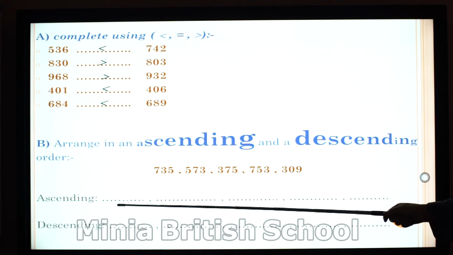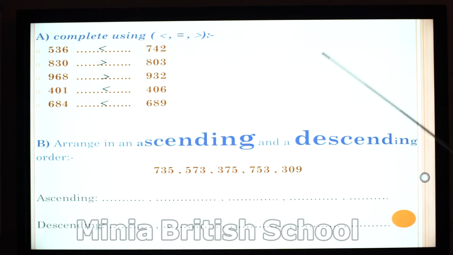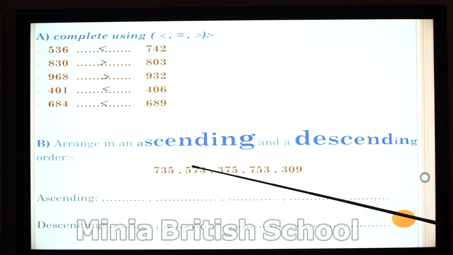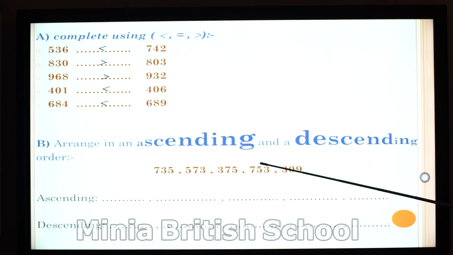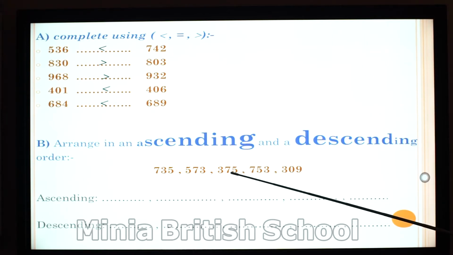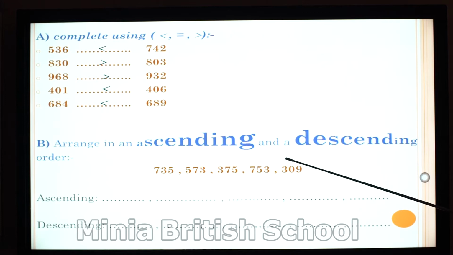Here's the first one. I want to arrange for ascending. Ascending means from the smallest to the greatest. Here, which number is the smallest one? Look at the hundreds place. Here 7, 5, 3, 7, and 3. So the smallest digit is 3, here and here in hundreds. Okay, 375, 309, the same digit in hundreds.